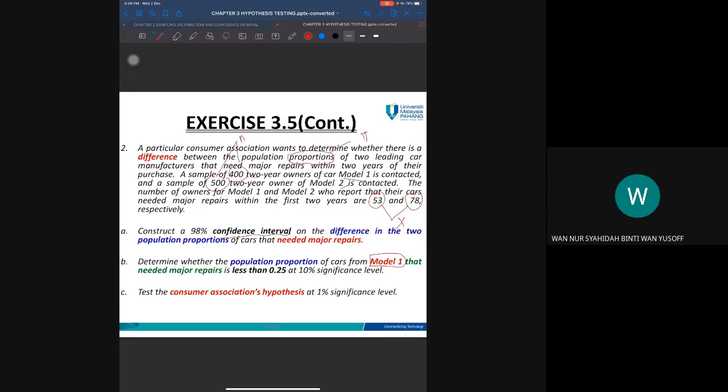The question B is about a single population, so it is clear that it is population proportion. So the parameter is pi. So less than 0.25, so it is just pi less than 0.25. H0 or H1?